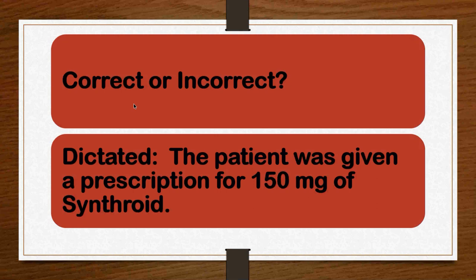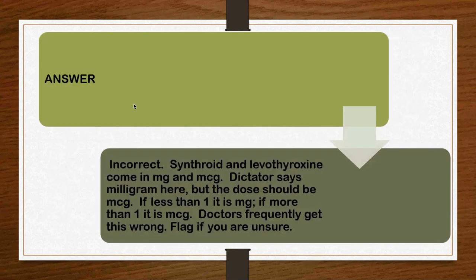Okay, correct or incorrect? The patient was given a prescription for 100 milligrams, 150 milligrams of Synthroid. Okay, this is kind of a trick question, you guys. I'm sorry. Lots of times dictators will say Synthroid and levothyroxine, they both come in milligrams and micrograms.